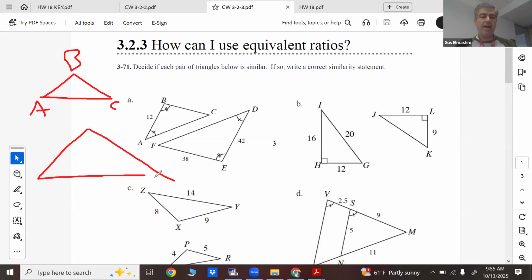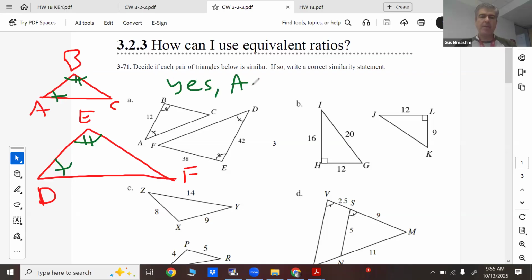Notice I'm rotating DEF like this. So that's the same as that. That's the same as that. Even though the sides are there, it's enough to say yes for part A.